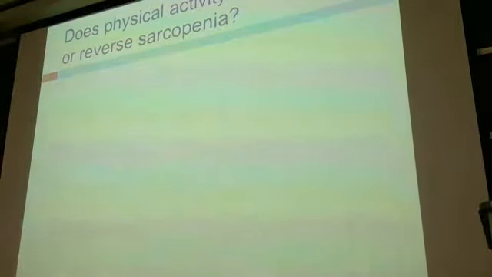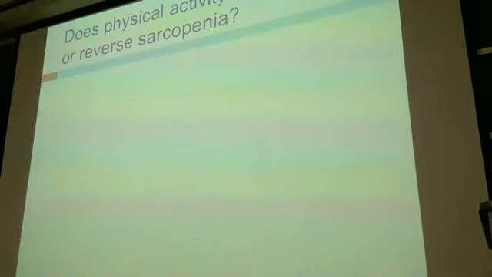So again, how do you prevent the loss of muscle growth with aging? You should be thinking about that even early in life. As you get a little older, it'll be more relevant to you personally as well.